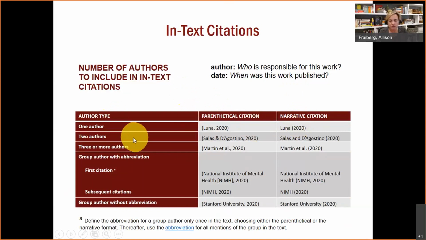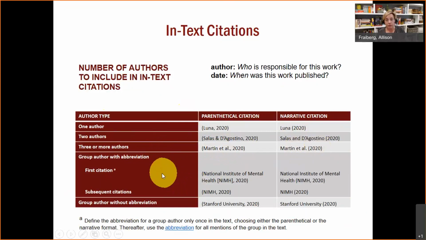If it's 2 authors, this is what a parenthetical citation would look like. This is what a narrative citation would look like. If it's 3 authors, like Marquez et al., or more, so 7 authors, 3 authors, 5 authors, it's going to be the first author and then et al. And then the date. This will be a parenthetical citation. This is your narrative citation.